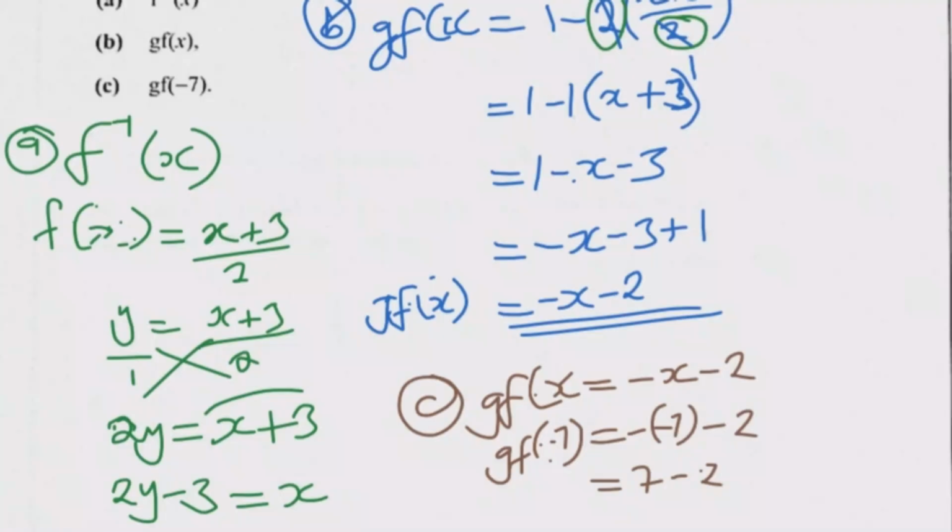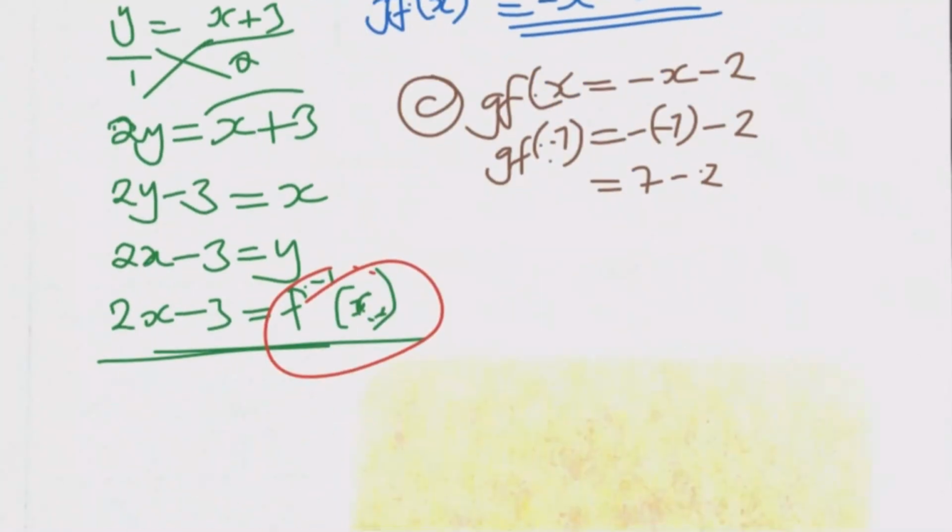Then we evaluate that, which will give us 5. The difference of 7 and 2 is 5. So 7 minus 2 will give us 5. So that is the answer.